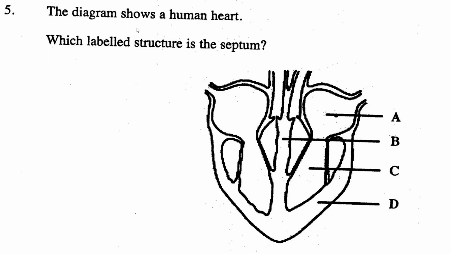So the correct answer for this one is going to be D. The job of the septum is to separate oxygenated blood from deoxygenated blood.